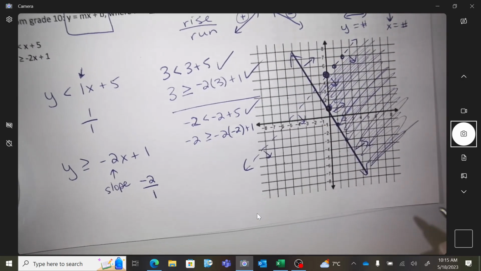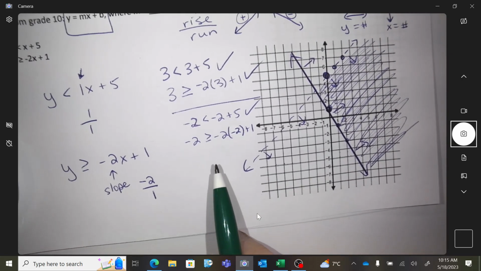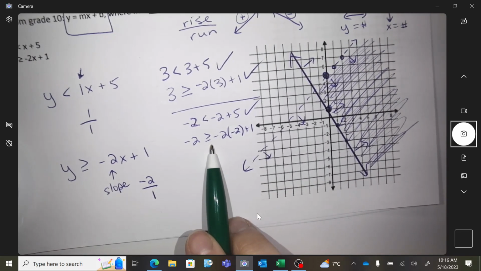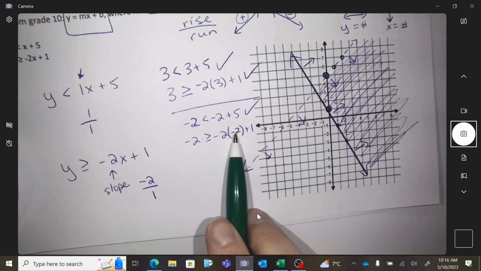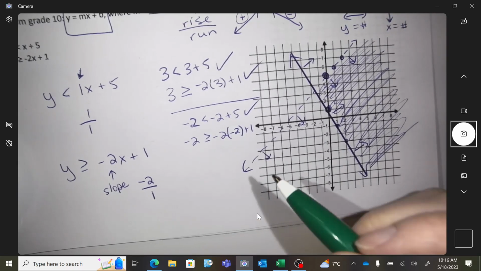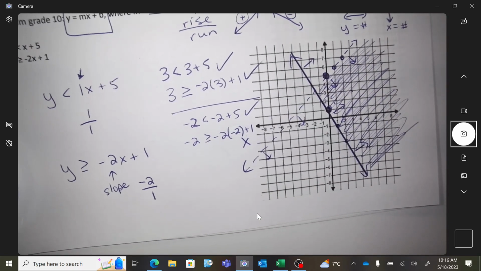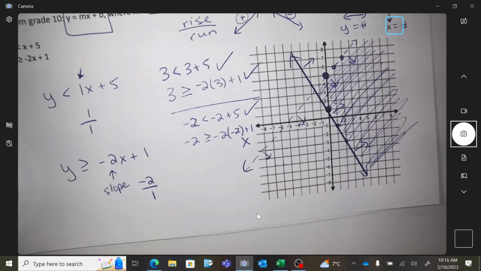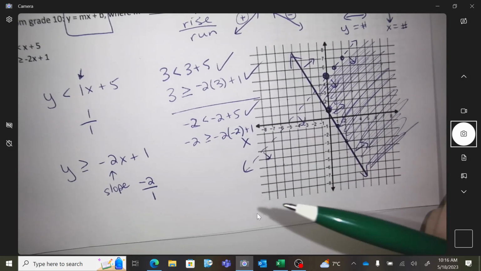Yeah, that is true. Is this one true? This would be 5. Is negative 2 greater than or equal to 5? No. So that shows you why it doesn't work, and we didn't shade it because it doesn't work. Okay? So yeah, it was true for that one, but it would have to be true for both of them.